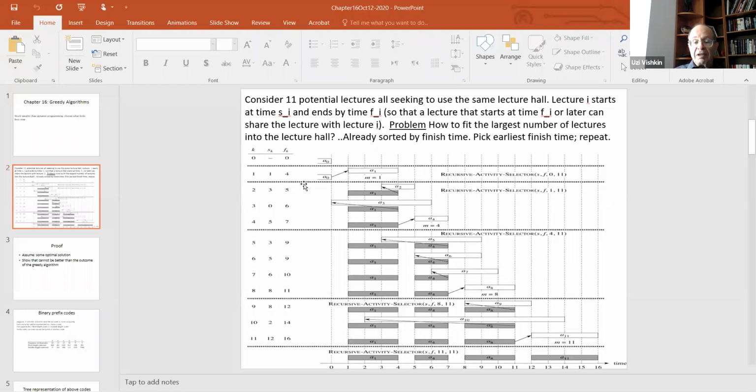So here is how I'm going to argue. I'm going to try and add my first lecture to your choice. If I can add it without throwing anything out of your choice, what does it mean? That your solution was not optimal, I was able to increase it. So this contradicts your claim that your solution is optimal.